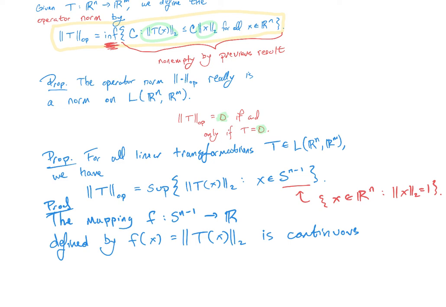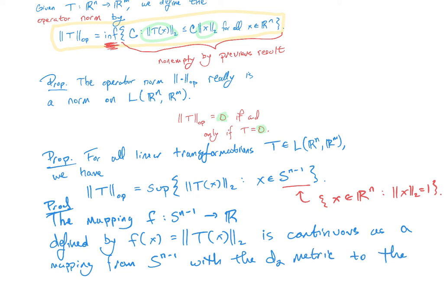So this is continuous as a mapping from the unit sphere with the D2 metric to the real line with the standard metric.